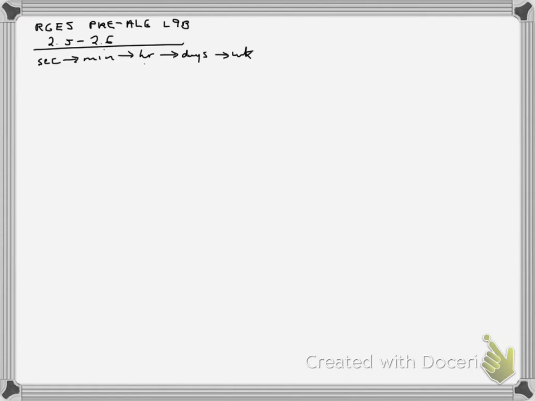Now, we can also go to year. We have 52 weeks in a year, approximately, and also 365 days in a year. So you can memorize all of these conversion factors if you're not familiar with them on page 81. So make sure you know these time conversion factors.